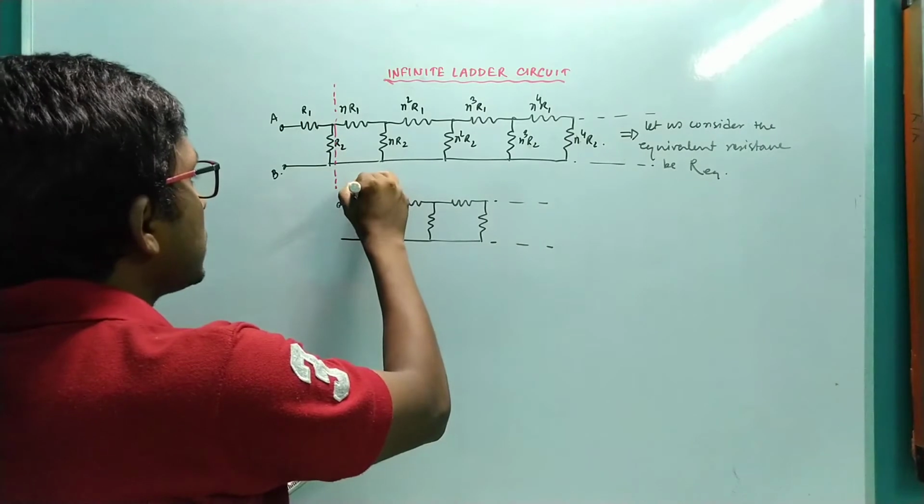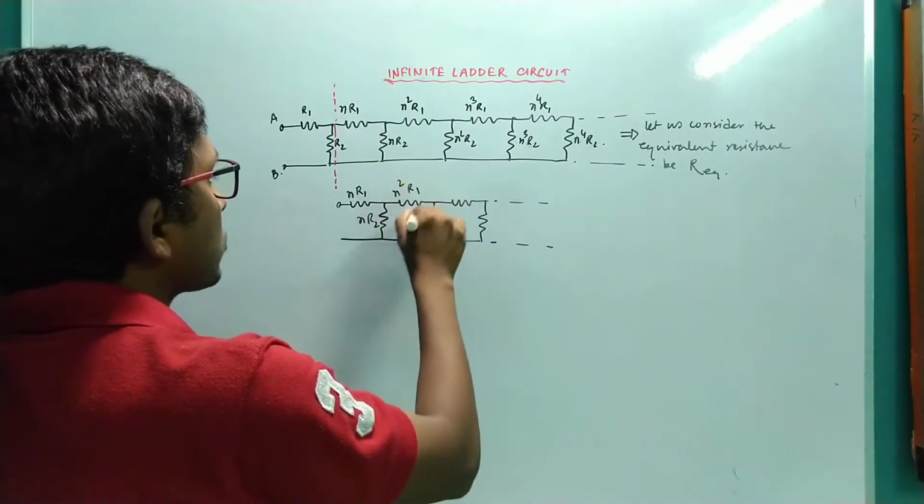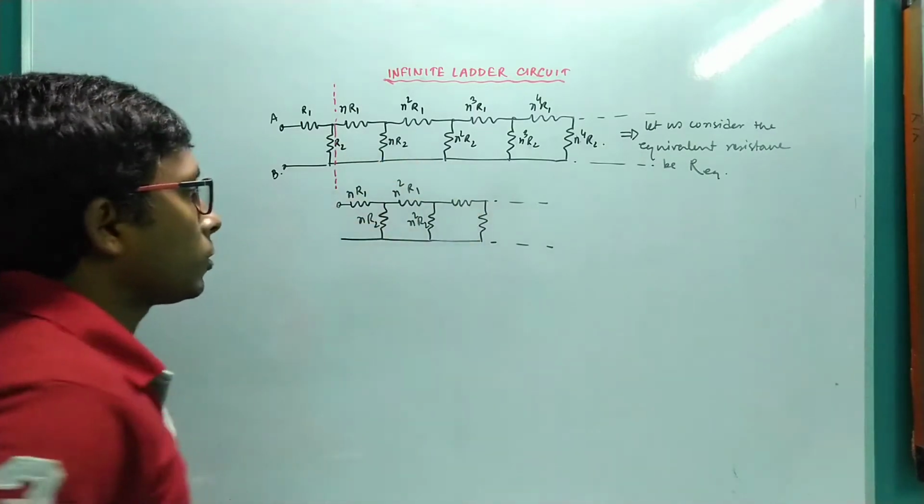The resistances start like N R1, N R2, N square R1, N square R2, and so on.